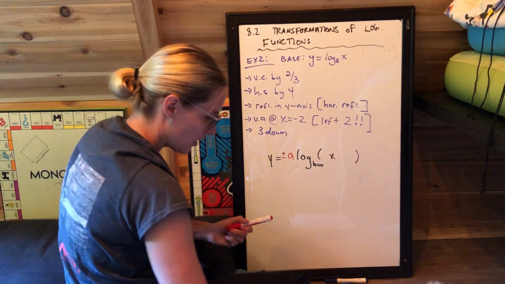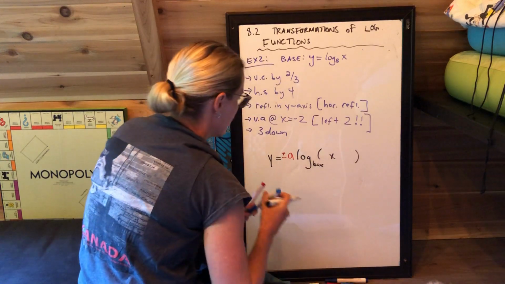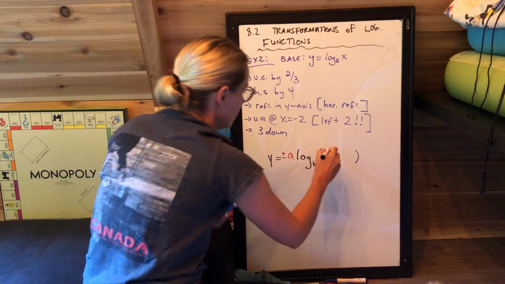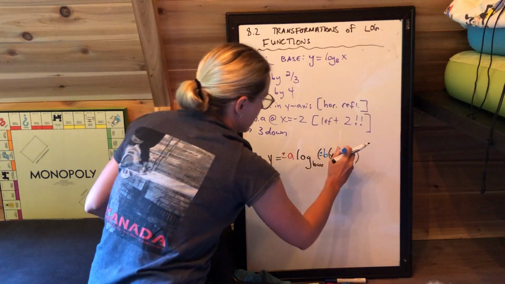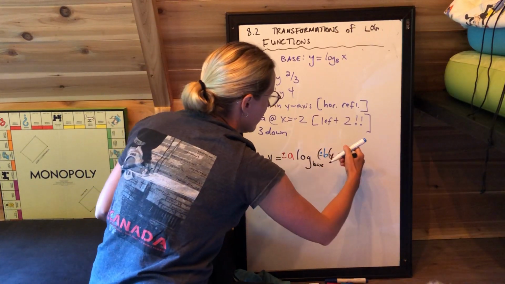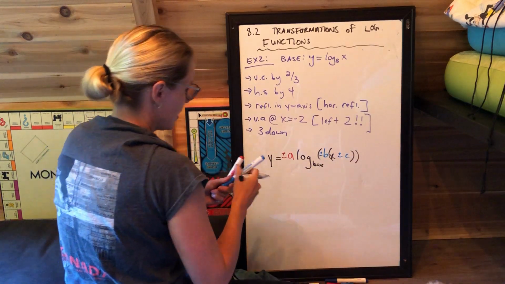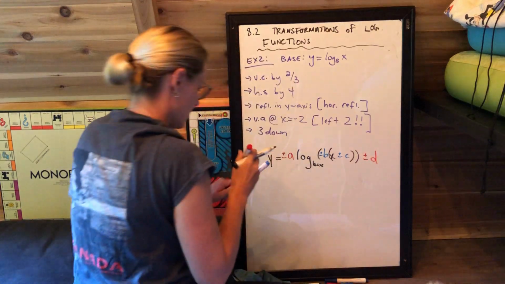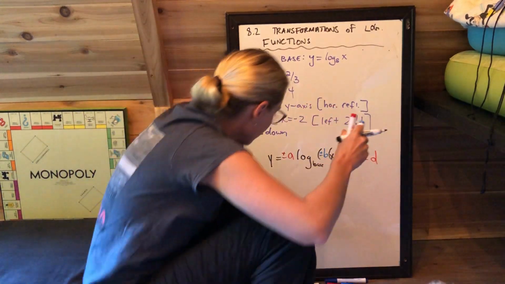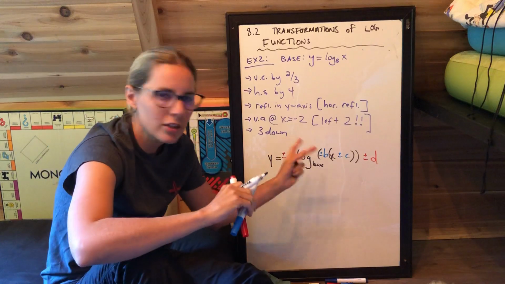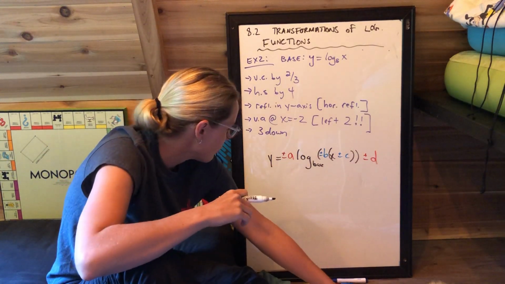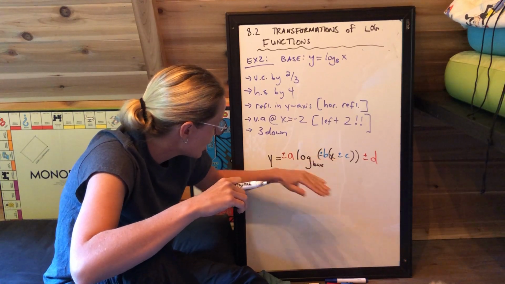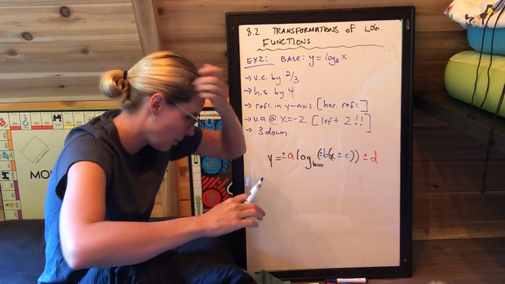Because here I'm going to say, well, what if I put a plus or minus some horizontal compression factor, x, plus or minus some left and right movement, I'm going to call C, and then at the end, plus or minus some vertical translation, D. So all of these could be applied at any given time to a logarithmic function. You keep the log where it is, you keep the base what it is, you keep the x what it is, and these are where the transformations are being applied.